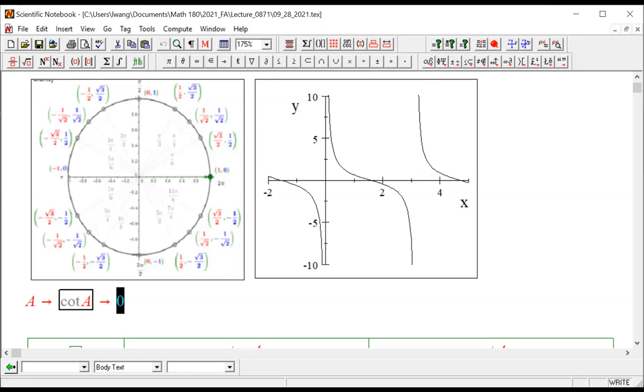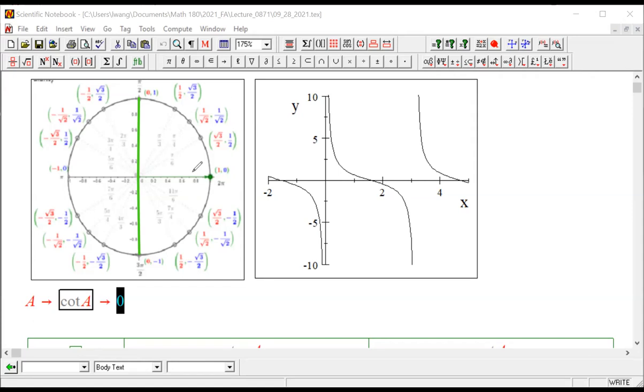So what terminal sides have we found? This is one terminal, and this is the other terminal. So what are the angles we can find?